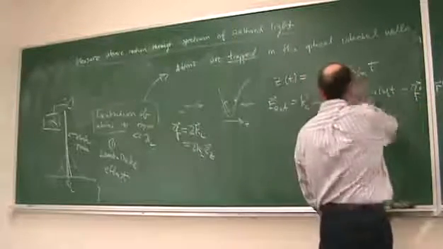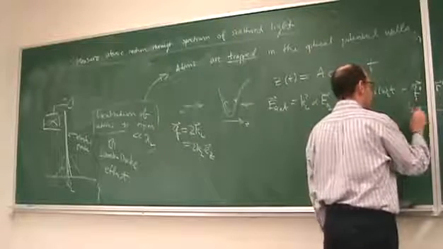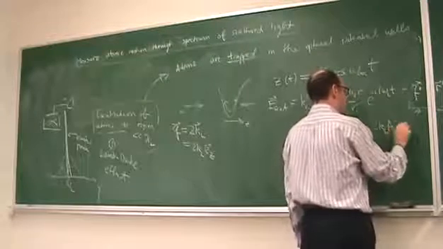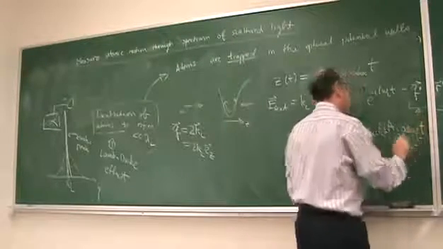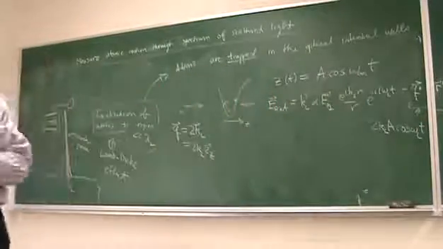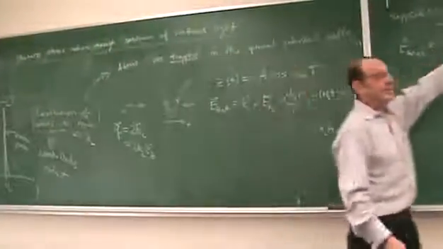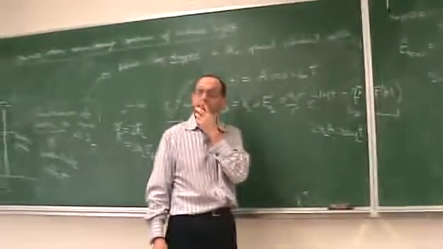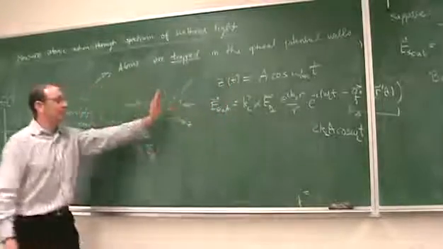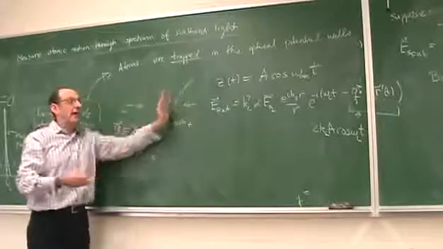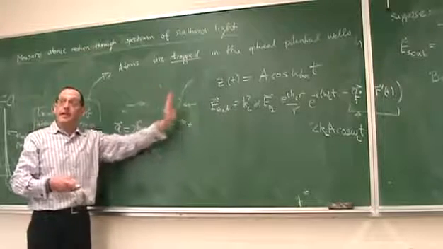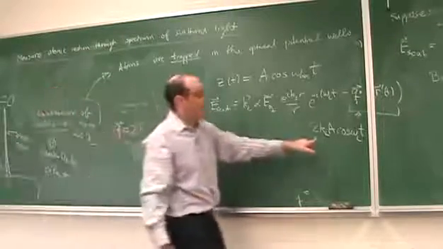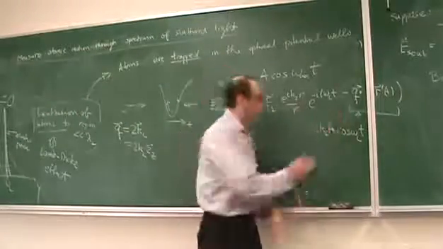Plug that in and this gives me 2 k_L A cosine omega_osc t. Whereas before we had the velocity here, now the particle is oscillating. All right? So here's the picture. We shine light on this atom. The atom is oscillating back and forth, and it phase modulates the light. And the phase modulation depends on the frequency at which it's oscillating.